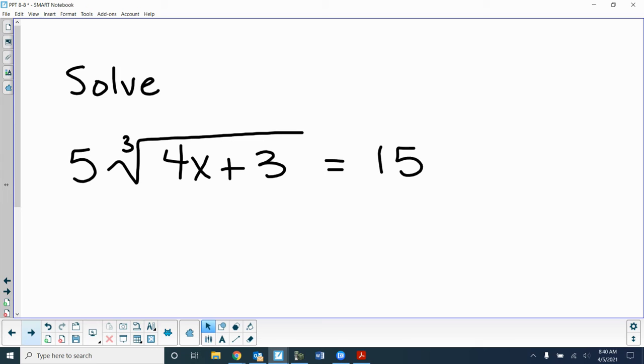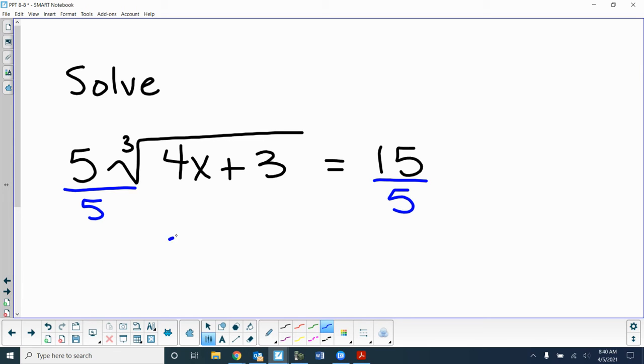All right, so here's one. What do you think I have to do first? Divide by 5, very good. Because it's 5 times this, right? There was no symbol between them, so that means multiplication. So to move it, we're gonna do that division, right? What you do to one side, you gotta do to the other, right?